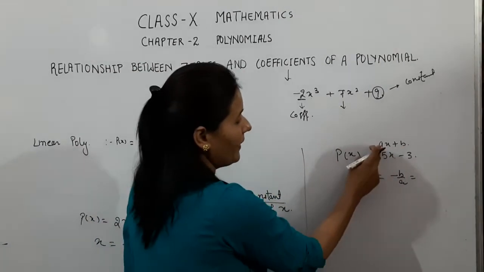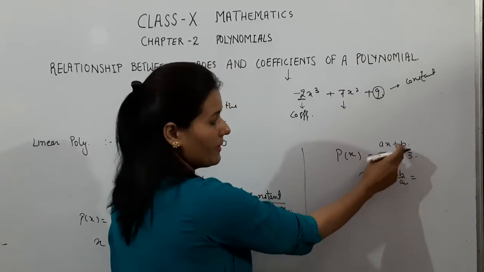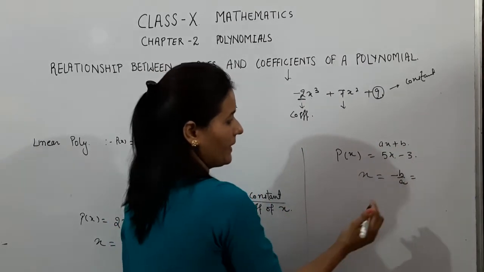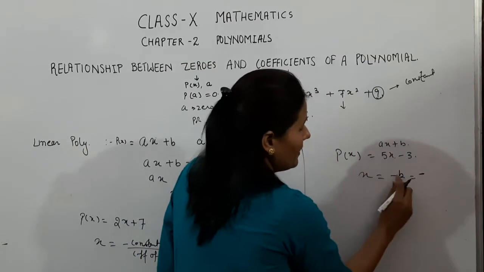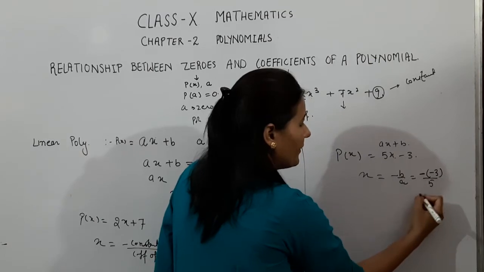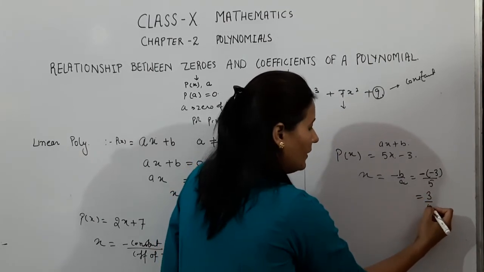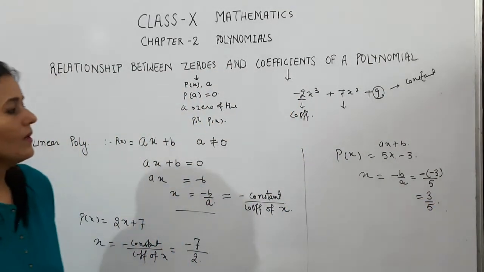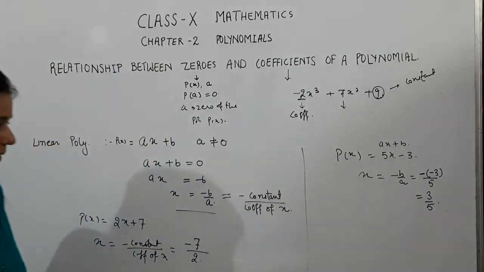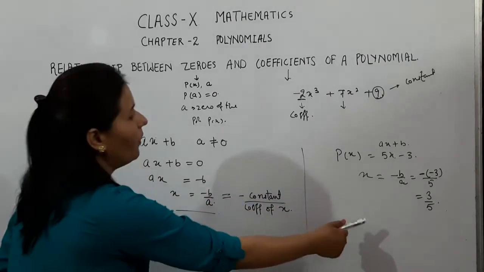The value of a is 5 and the value of b is minus 3. Okay, just take care of this thing. b will now be minus 3. So minus of minus 3 upon 5 will be equal to 3 upon 5. Okay, so this is the easy way to find the zero of the polynomial with the use of this relationship.